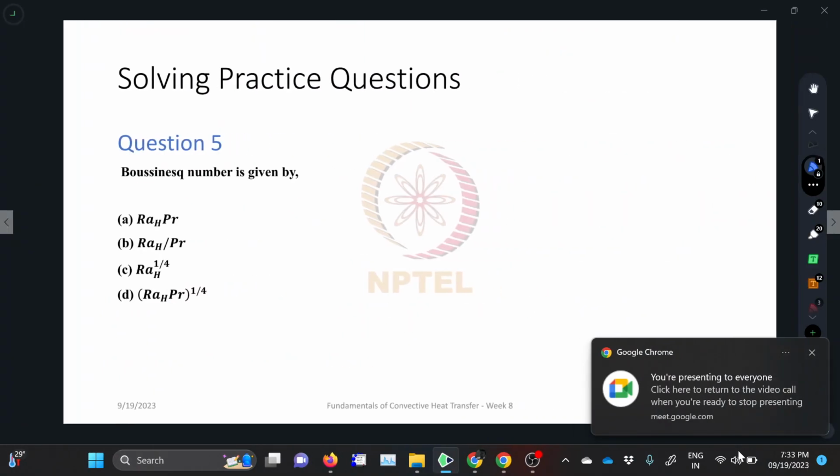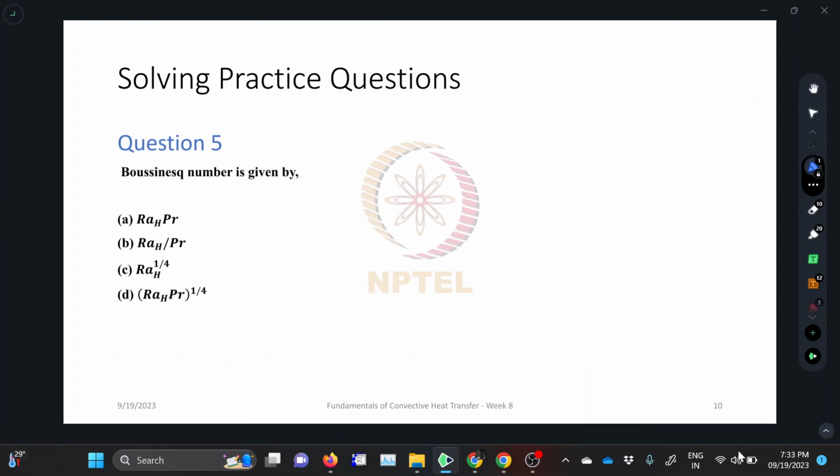We'll move on to question number 5, which is asking us about another important non-dimensional number. We learned about Grashof number earlier. We will now look at Boussinesq number and what it is given by. So it's the definition of this number which is at stake here. Is it option A, Rayleigh number into Prandtl number?